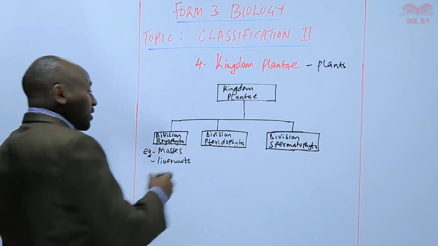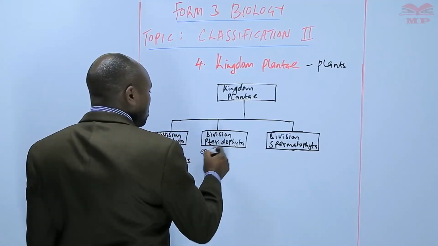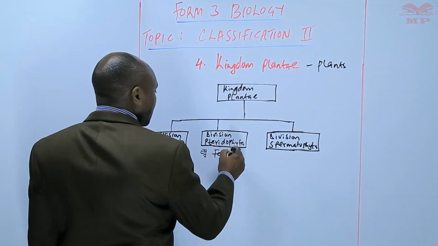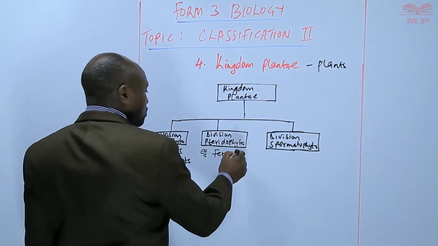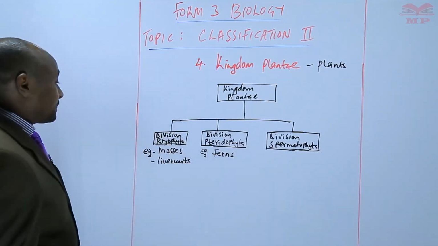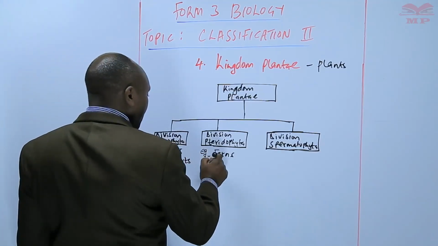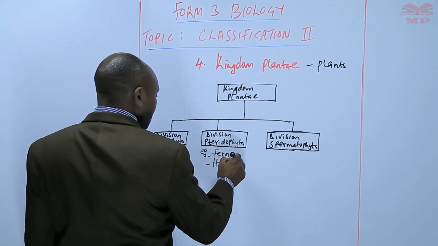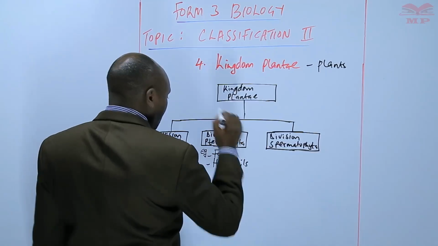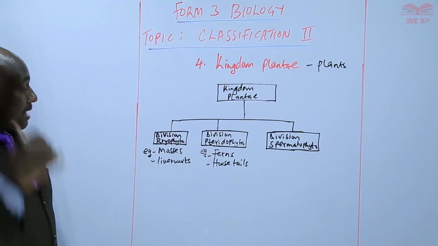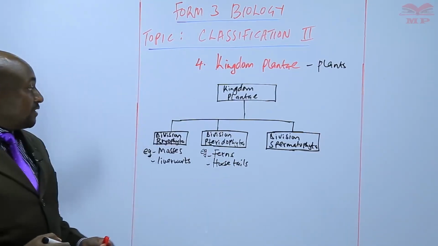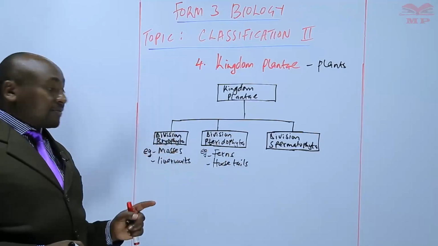So here we have members, e.g. ferns, what is usually referred to as the fern plant. We have the horsetails, and so on and so forth.